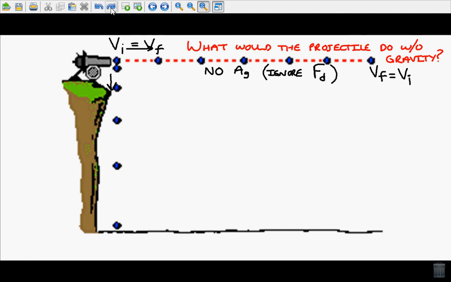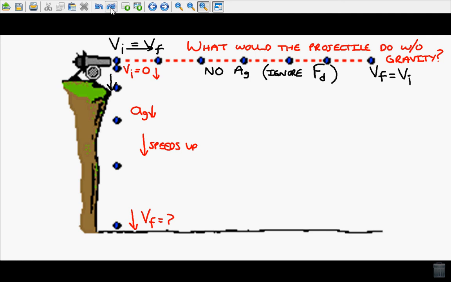And why would it have done that? Because it started off with an initial velocity of 0 downwards, and then acceleration of gravity takes over and starts to speed it up, and eventually it's going to hit the ground at some final velocity. So there's two things going on with this, which is why we look at these problems as being two-dimensional.